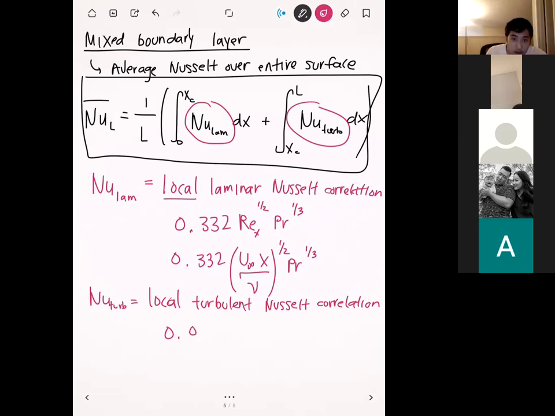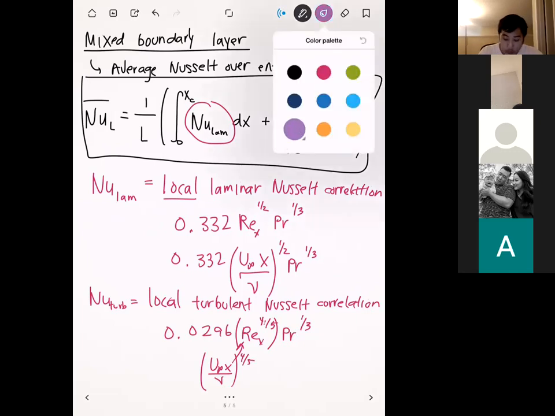So it's going to be 0.296 times the Reynolds number to the 4/5 times the Prandtl number to the 1/3, where again, you're going to plug in for the Reynolds number here. Right? And so for the Reynolds number here, we're going to plug in u infinity x divided by nu, raised to the 4/5 power.